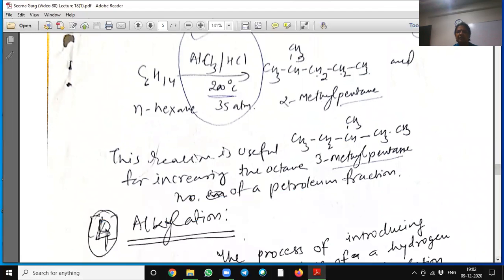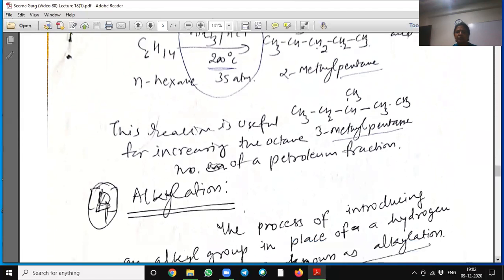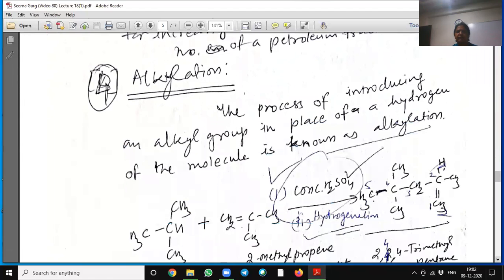This reaction is again useful for increasing the octane number of a petroleum fraction. See here, because I am going to discuss the octane number. So this reaction is useful in petroleum industry to increase the octane number.